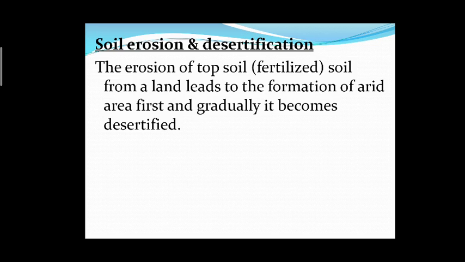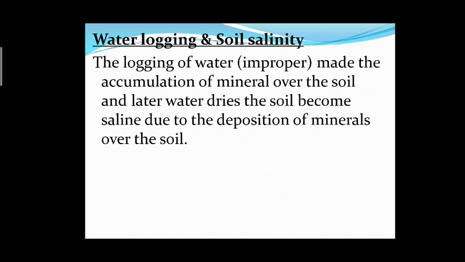Desertified means water logging and soil salinity. Water logging means the water does not move to other areas. They get trapped in a single area. If water is trapped in a single area, many minerals from various areas move to that area and are deposited in that soil, so that the soil's salinity, means salt content, increases.